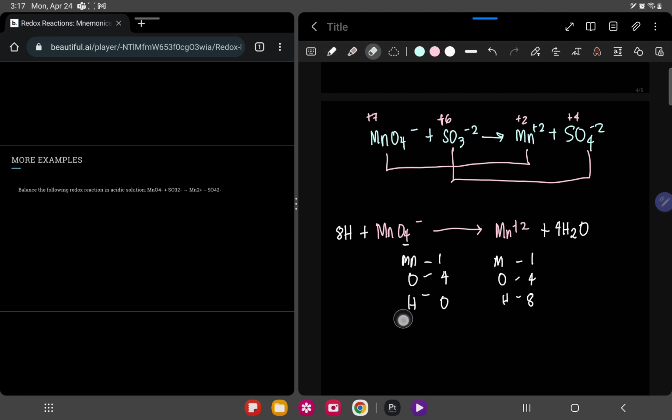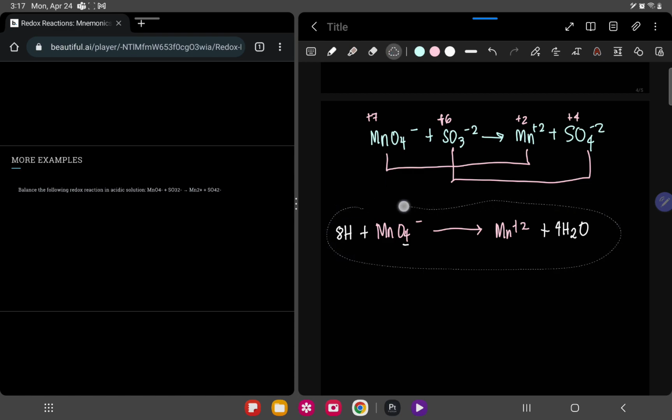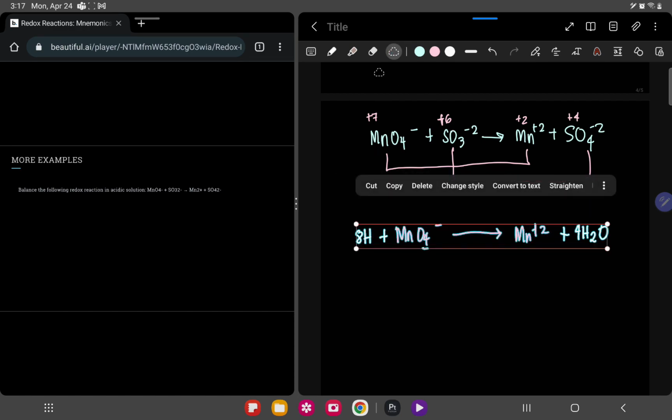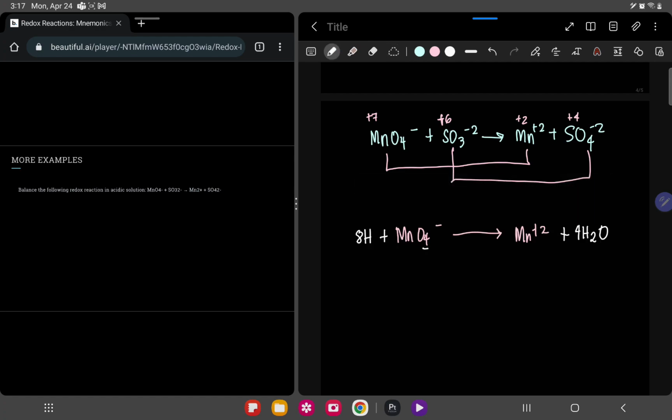Once you have balanced each element, we have to balance the number of electrons present. If we're going to check, hydrogen always has positive 1. Hydrogen here has 8 atoms. That means we have positive 8 because we have to multiply this by 8.